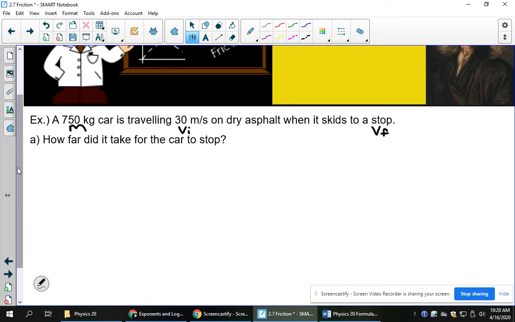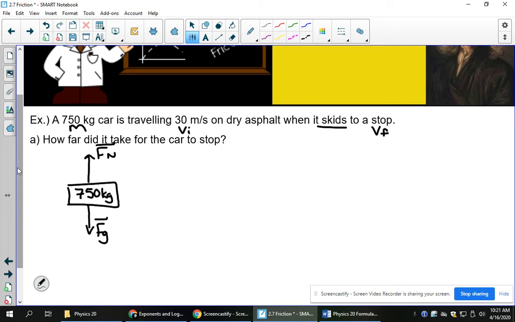So if we have information, we should be able to find the acceleration of the car. So what kind of information might we be able to find here? Well, let's start with a free body diagram. We have a 750 kilogram car. Normal force and force of gravity will be canceling out because the car is not moving vertically. And then this car is skidding to a stop.